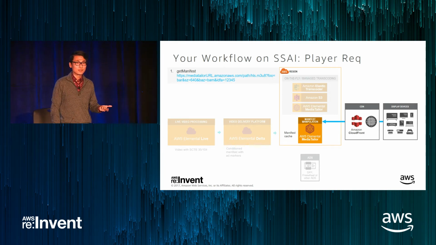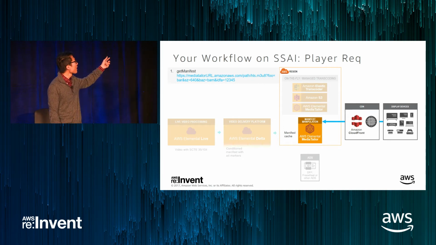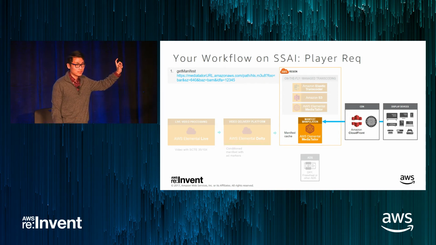And get manifest is really just how a video player starts a stream. But if you'll notice, the way that URL is constructed is a hostname, path, your asset, which is hls.m3u8. That's the extension MIME type for HLS streaming. And then there's a bunch of query parameters.